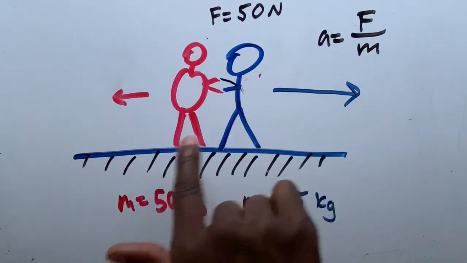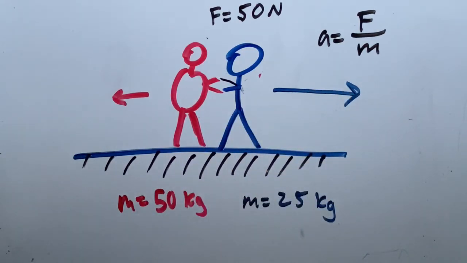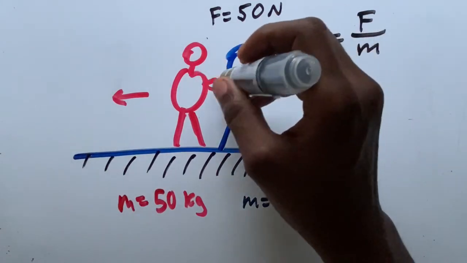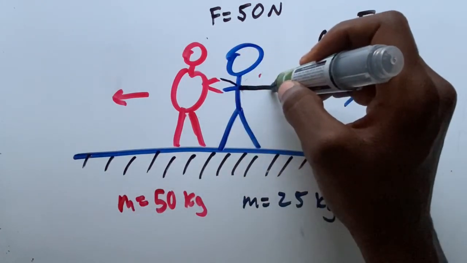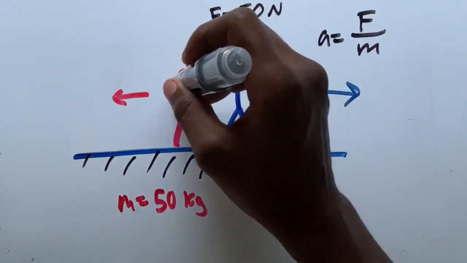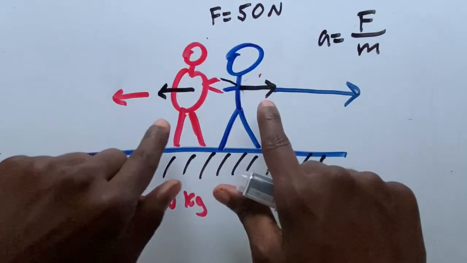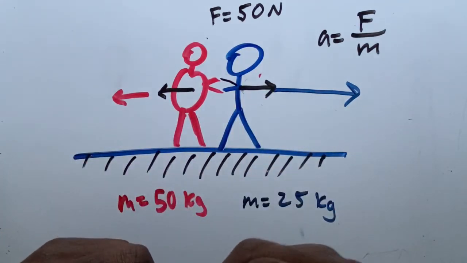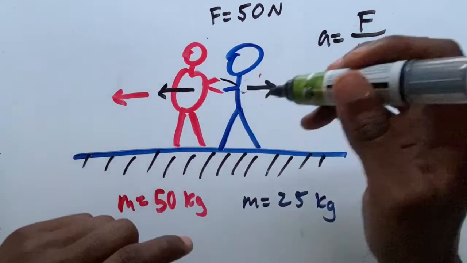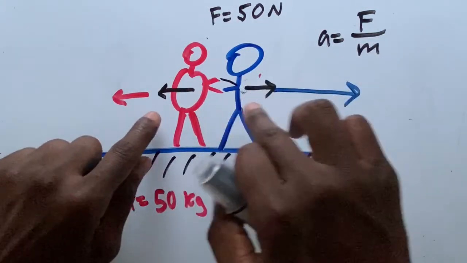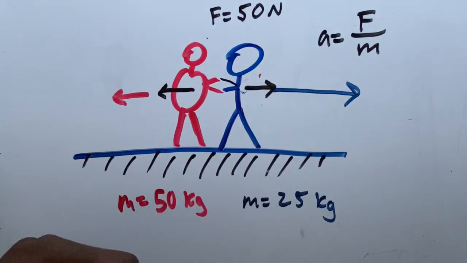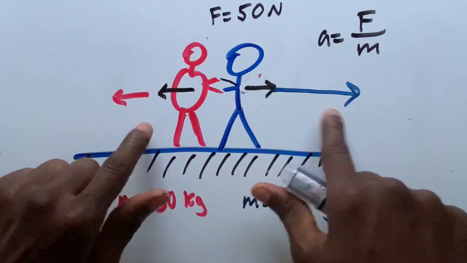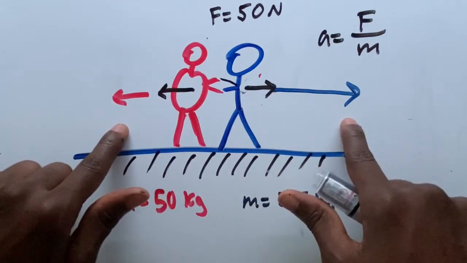And so they both experience the same force in opposite directions. So let me use black for the force arrow. So he's gonna feel a force that way, and he's gonna feel a force that way. And notice I drew those black arrows the same size, or I tried to. Supposed to be the same size. But then also notice that I drew this blue and this red arrow. I drew those for the acceleration.